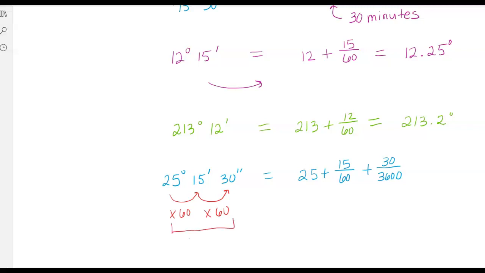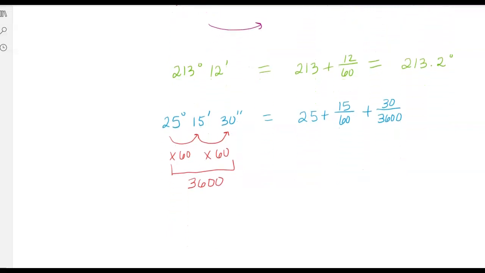If I take 60 times 60, I'll get 3,600. So the decimal degrees for this are going to be, again, we're just plugging this into the calculator, 25.258, and then the 3 is repeating. Normally, we'll have a certain number of places that we're going to round the decimal to. Let's just round it to 6 places in this case.